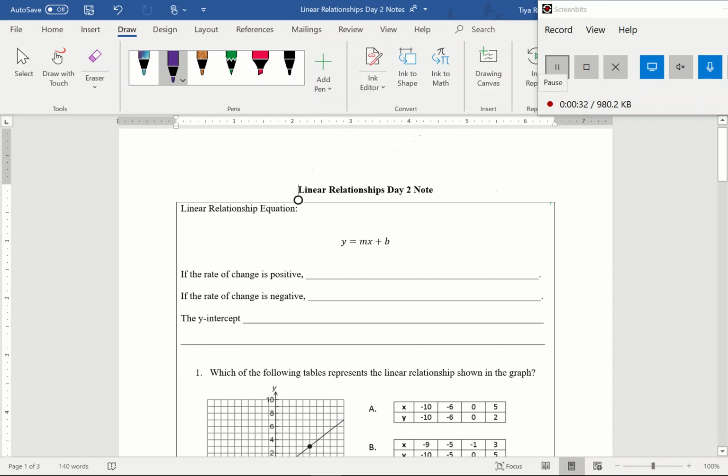So when we look at this, m is our rate of change. It's the same thing as slope. All of these are the rate of change.